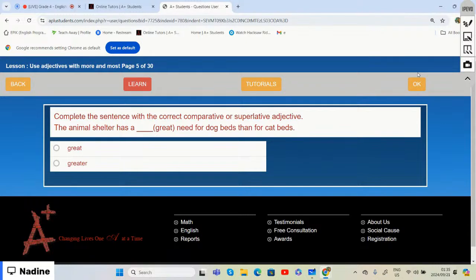It says the animal shelter has a great need for dog beds than for cat beds.